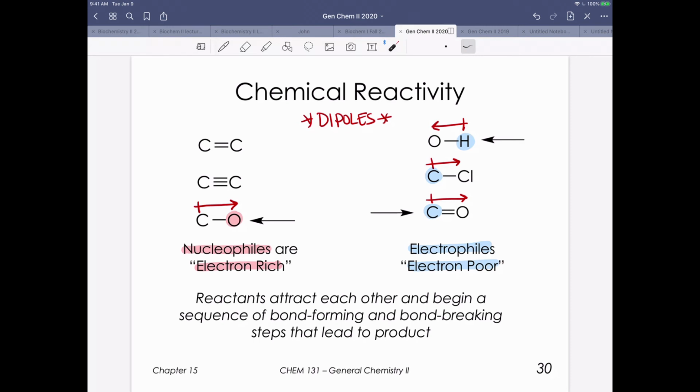So chemistry happens between electrophiles and nucleophiles. I should have circled those in the opposite direction. Chemistry happens between nucleophiles and electrophiles, things that are electron rich and electron poor. That's not unlike what we learned in our last learning unit on electrochemistry, right? We have things that are electron rich and are willing to donate electron density, and then things that are electron poor.